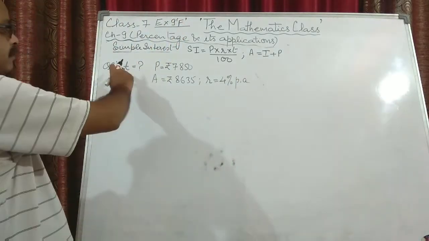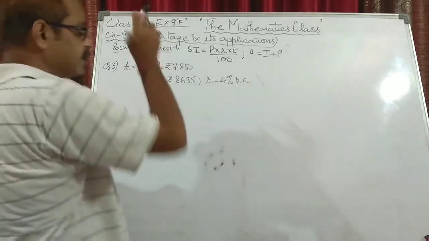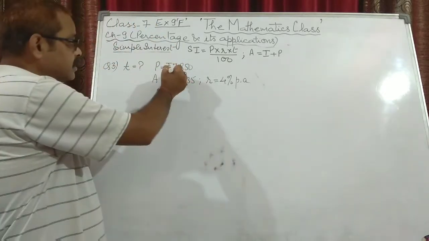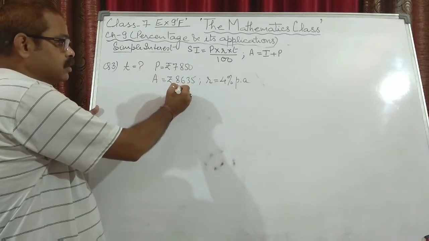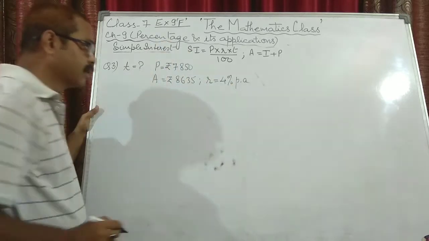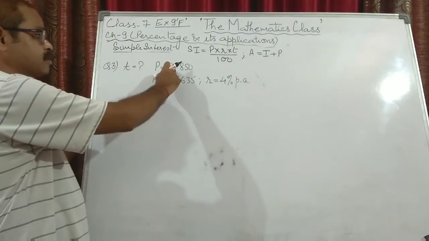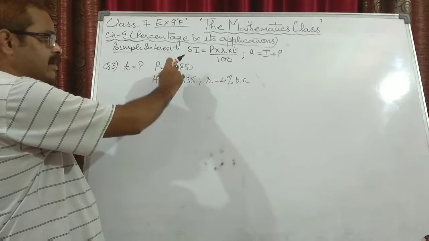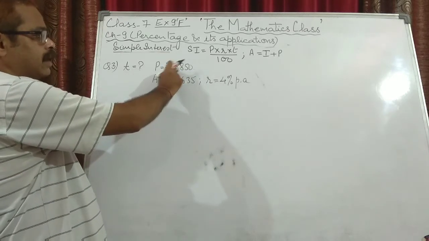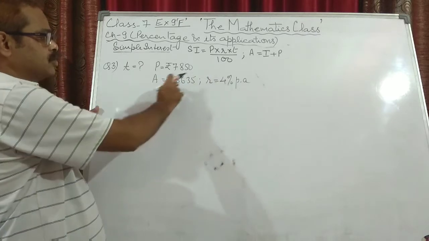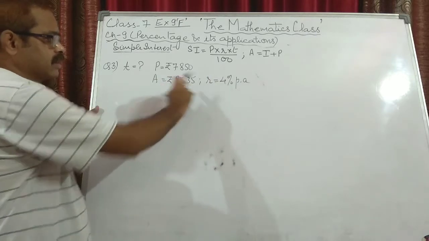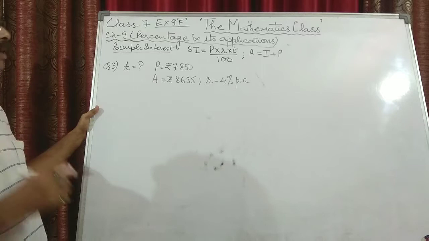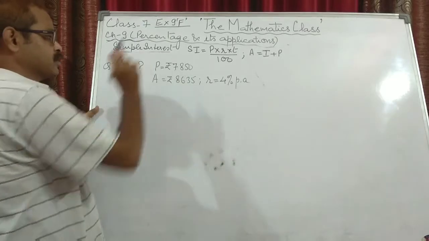So you have to find the time, in how much time will this rupees convert to this rupees at 4%. Means this is the principal, and after depositing this money anywhere at 4% per annum, you are getting 8,635 as total money. Means this is the amount and this is the principal.